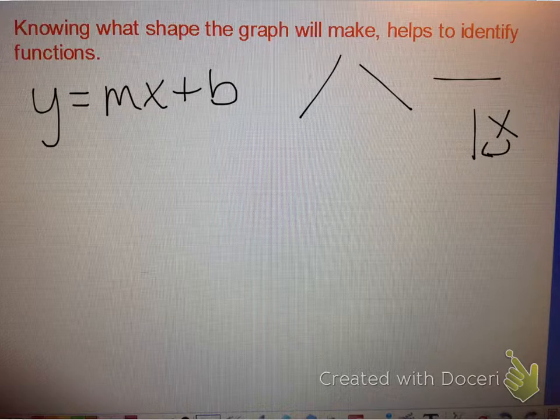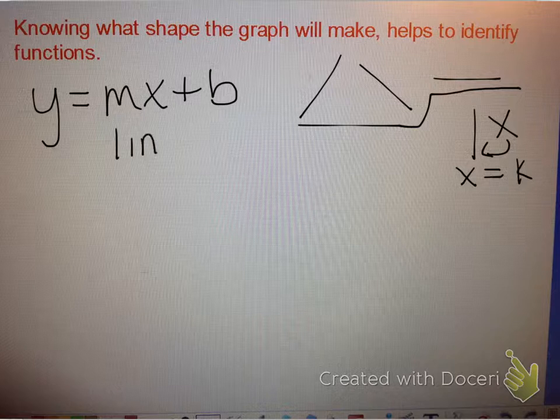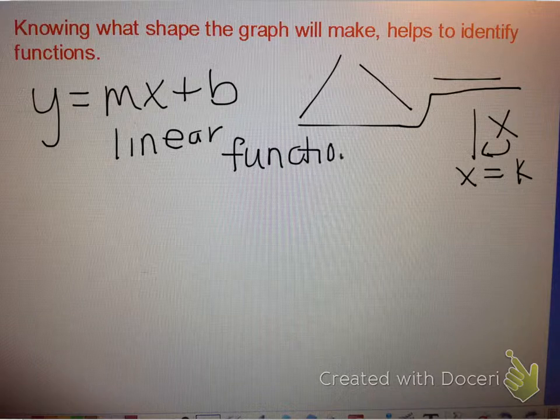So these 3 are functions, but this one right here, the vertical line, and it's always x equals k would be kind of the equation there. So y equals mx plus b, that is a linear function.